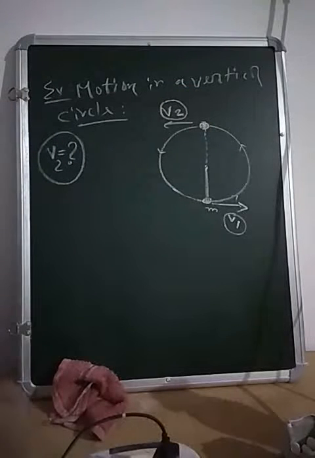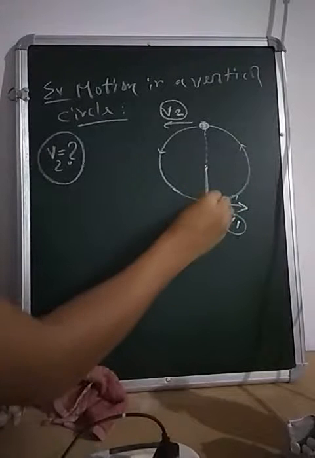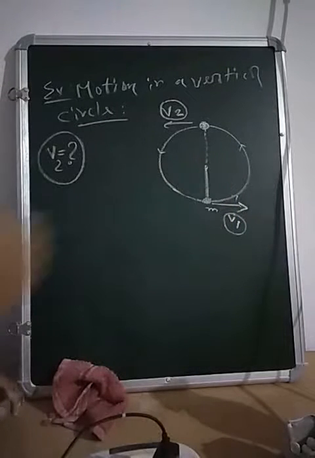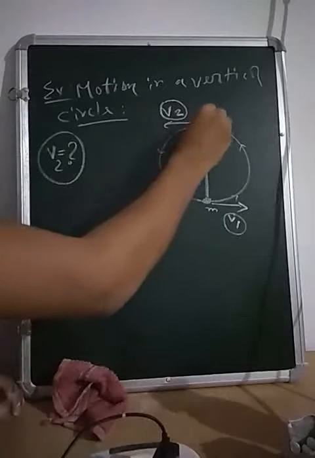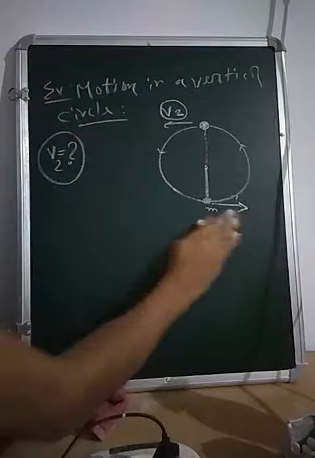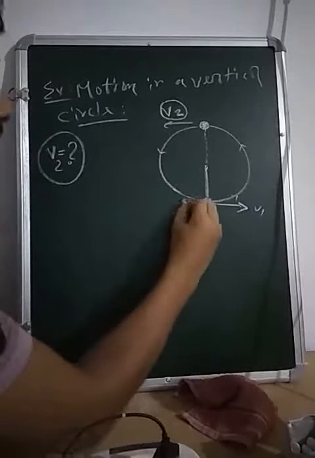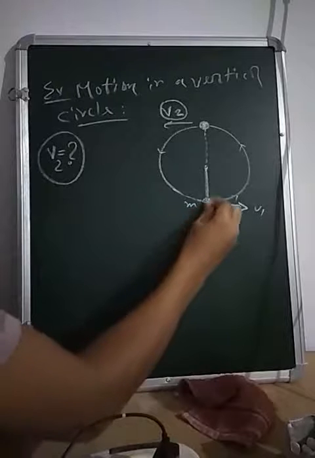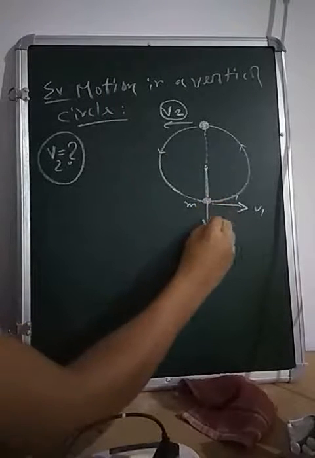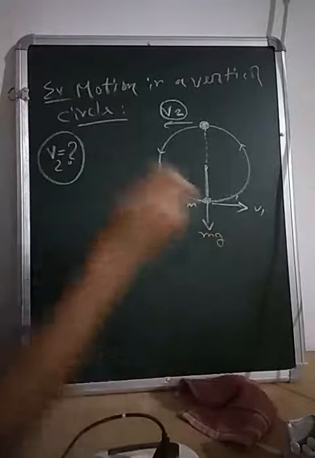Now see what the forces are. What are the forces that are exerted on this mass at the lowest position? The first force is the force due to gravity, mg.